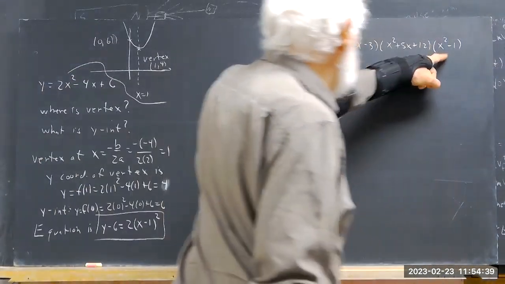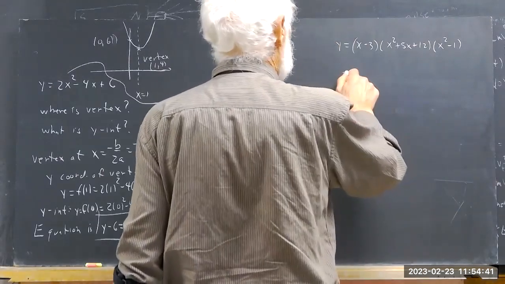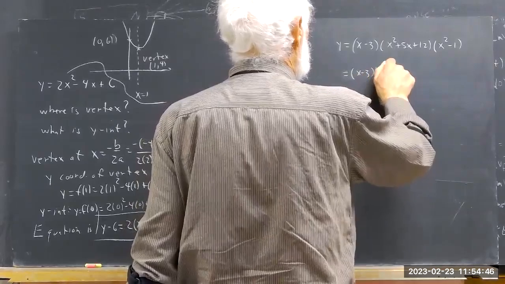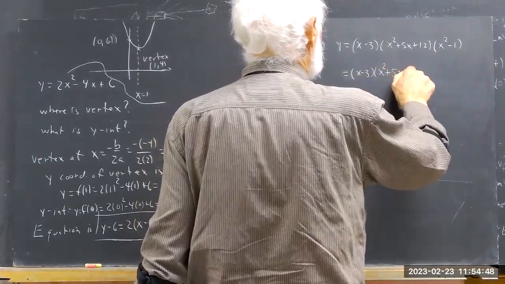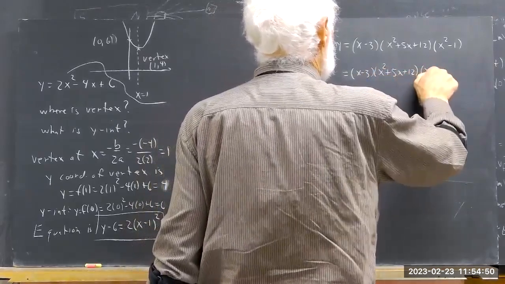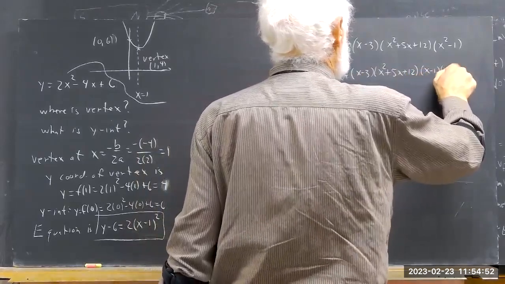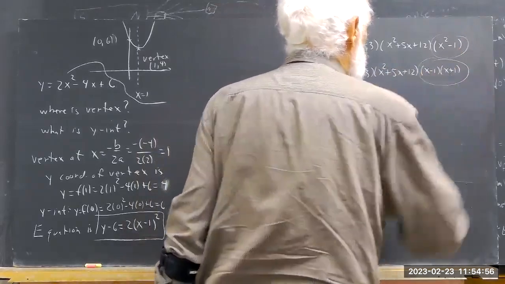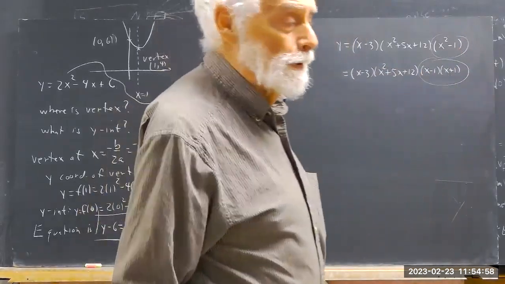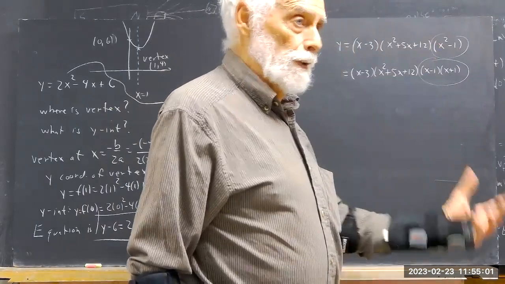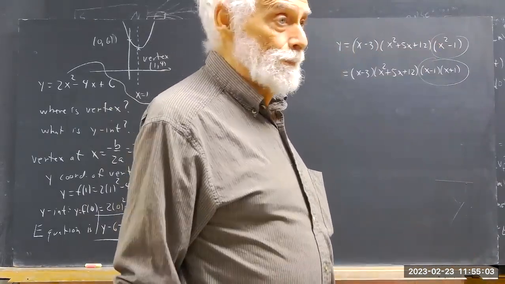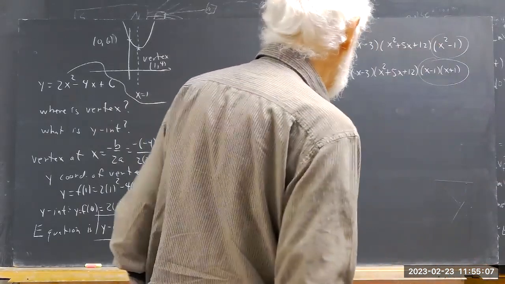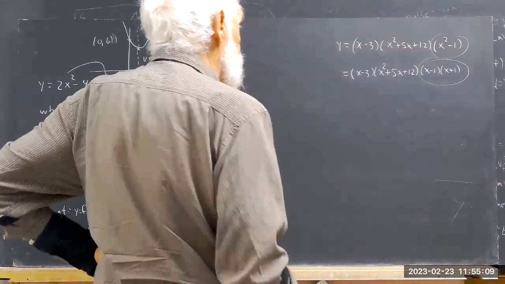However, we can factor x squared minus 1. X squared minus 1 factors as x minus 1 times x plus 1. That's a special product that everybody should be familiar with. They probably aren't. Then we'll deal with that a little bit later.